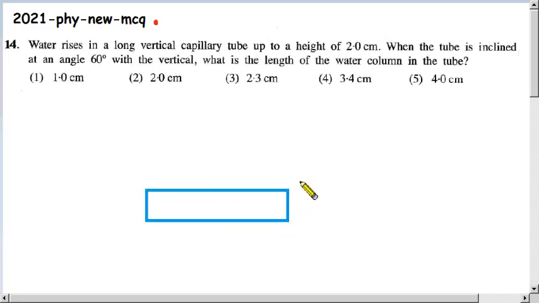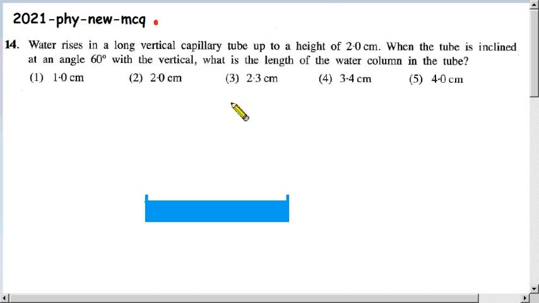So this one is the beaker, water level, water, then the tube like this, tube. The tube is okay.